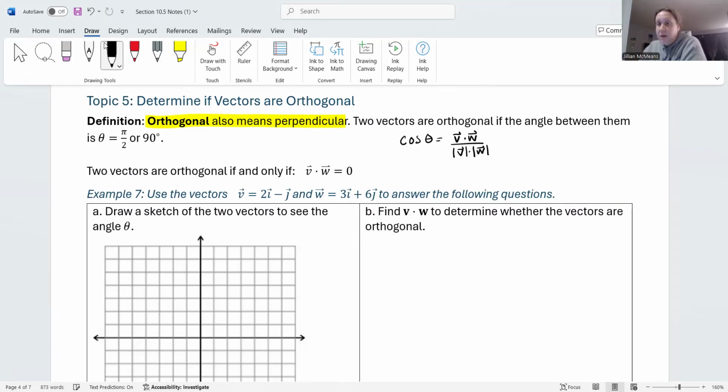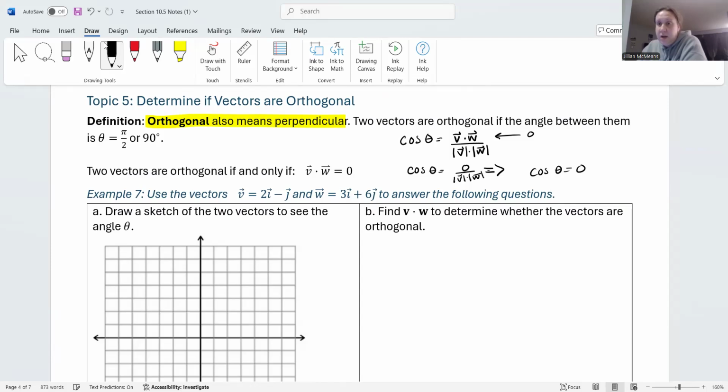Well, if a dot product is 0, that would make this numerator 0. So cosine of theta equals 0 over these magnitudes. But what happens if we have 0 divided by a number? Remember, magnitude is just a value, literally just the length. It's a scalar, so the product of two scalars is just a scalar. So we have 0 divided by some number. That just tells me that cosine of theta equals 0.